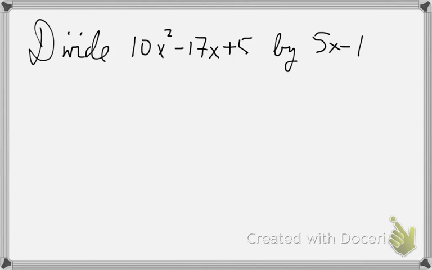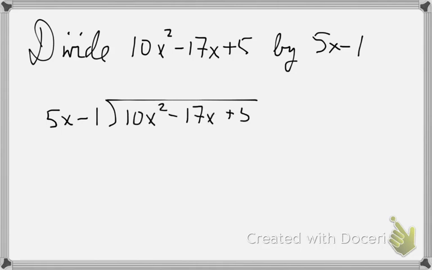So, how do I set up my long division? Well, which is the divisor? Yeah, 5x minus 1, that's your divisor. That's what goes outside. And which one is your dividend? By process of elimination, it's the other polynomial, but it's a word you probably haven't heard in a while: 10x squared minus 17x plus 5.